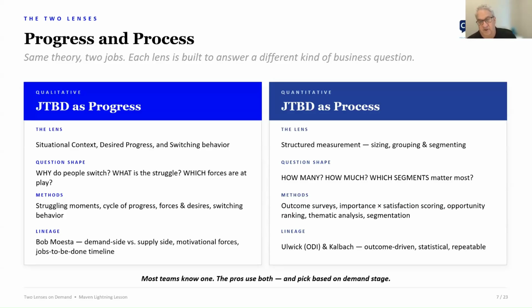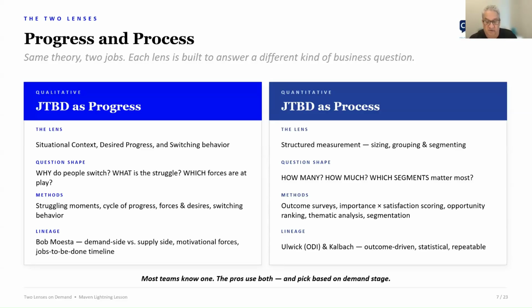And then the second method of jobs to be done research, quantitative based, we're going to define as jobs to be done as process. So a much more structured way of going about jobs to be done research, much more oriented around the how many, how much, the with segments.